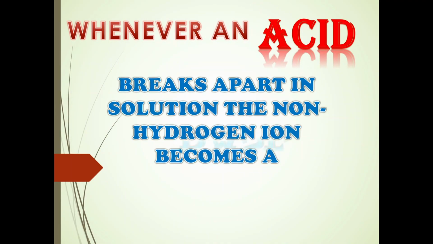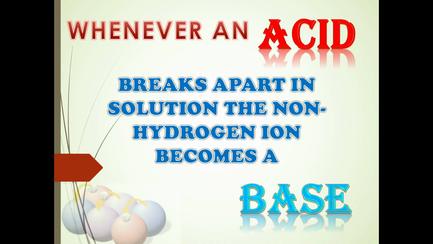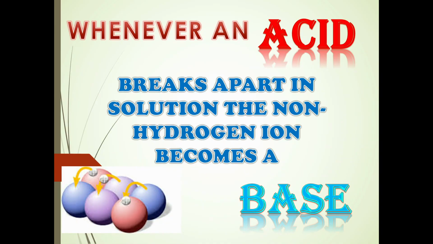Okay, now, whenever an acid breaks apart, the half that is not H plus, if it is a reversible reaction and can go backwards, then the other half that's not the H plus is going to be a base because it's going to be able to react with the H plus.